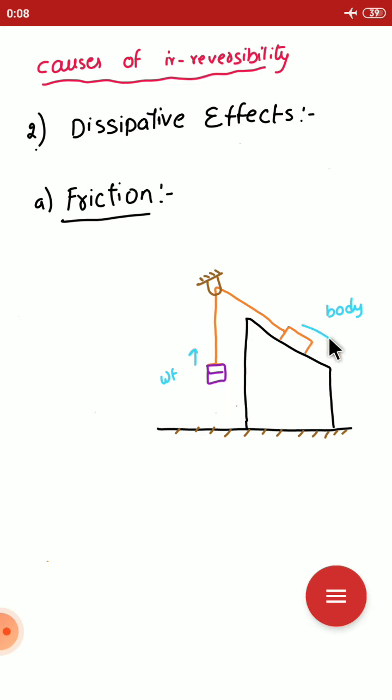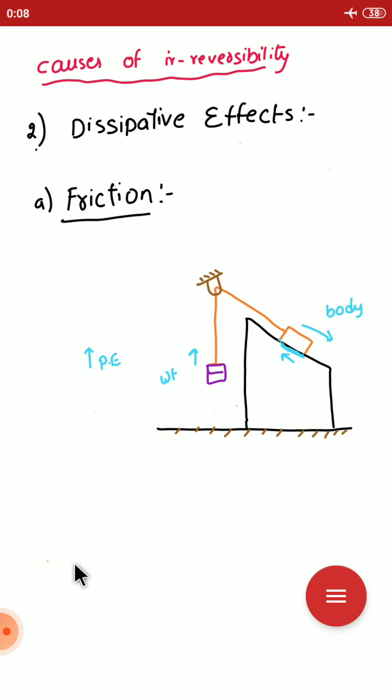But whatever potential energy we put in by lifting the weight, that complete energy is not converted or utilized to move the body, because some part of the energy is dissipated due to friction. Friction opposes the body's motion. The body is supposed to move downwards, but some part of the energy is dissipated in the form of friction.